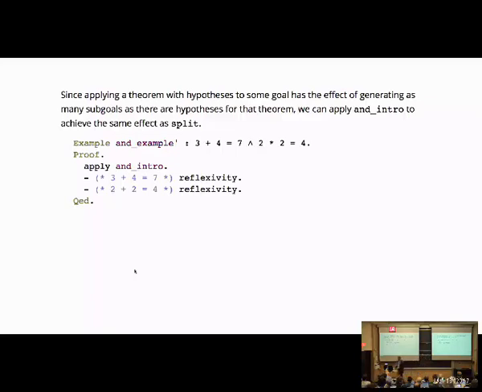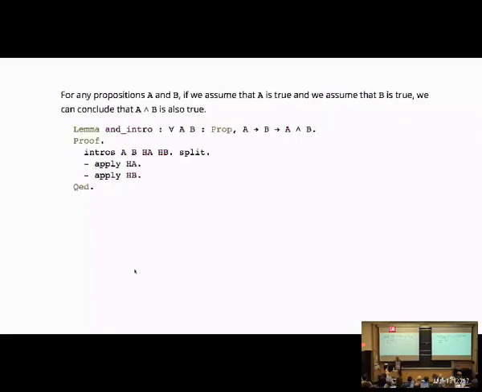Why? Because and_intro is a conditional fact. It says you can prove A and B if you can prove A and you can prove B. So if we have a conjunctive goal and we say apply and_intro, it is going to generate unification variables for A and B. Then it's going to lay the conclusion of this over the goal.